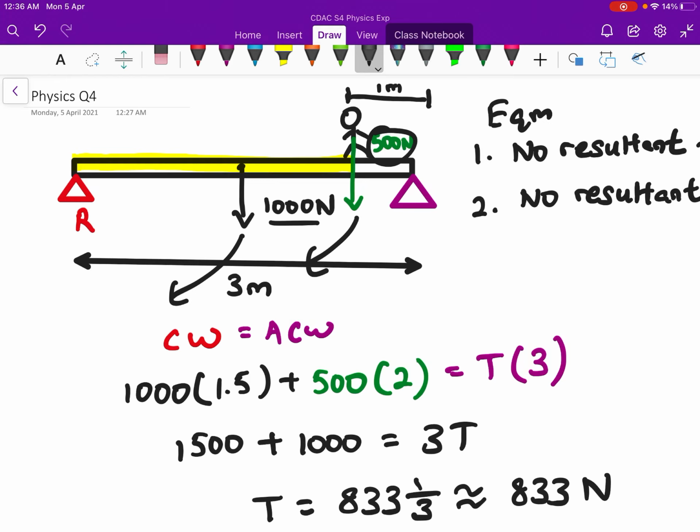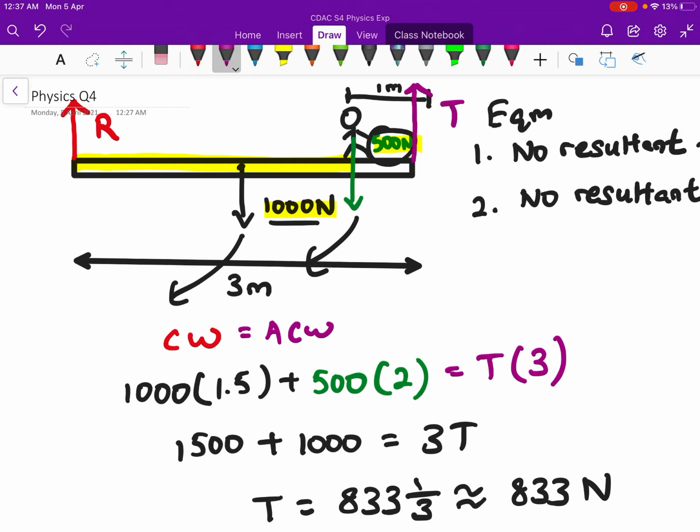For the plank, there are two downward forces, 1000 Newton and 500 Newton. Then there are two upward forces exerted by pivot R and pivot T. For pivot R, the force is upwards like this, and for pivot T, the force is upwards like this.